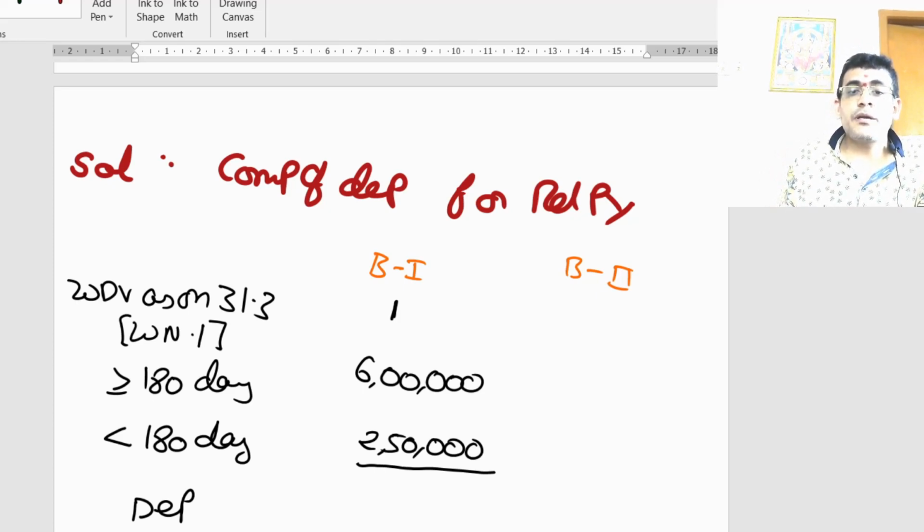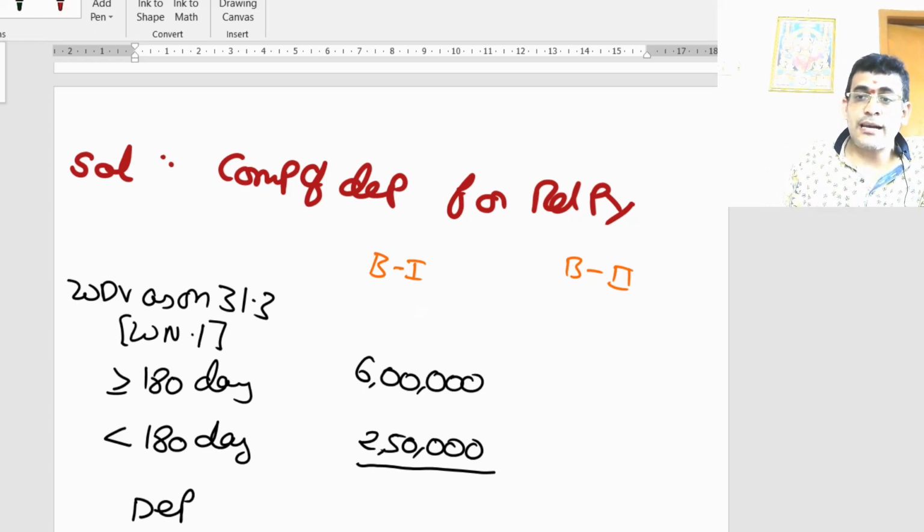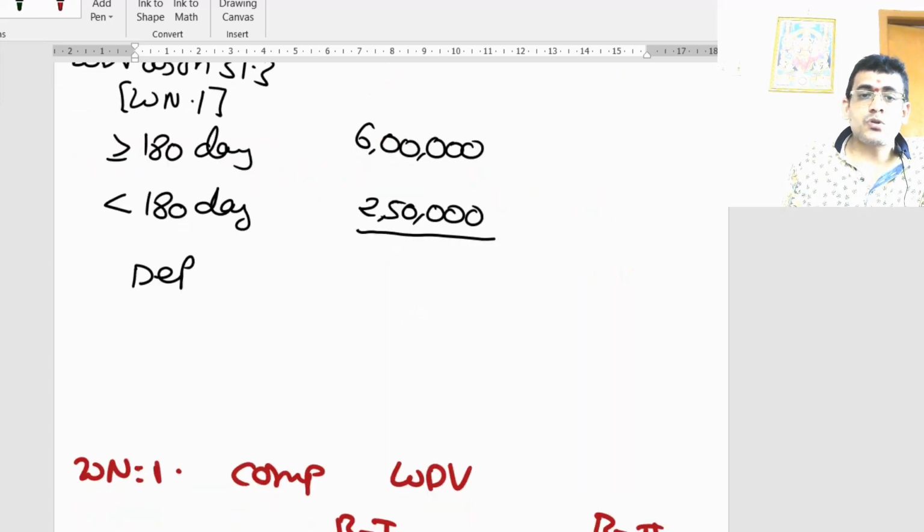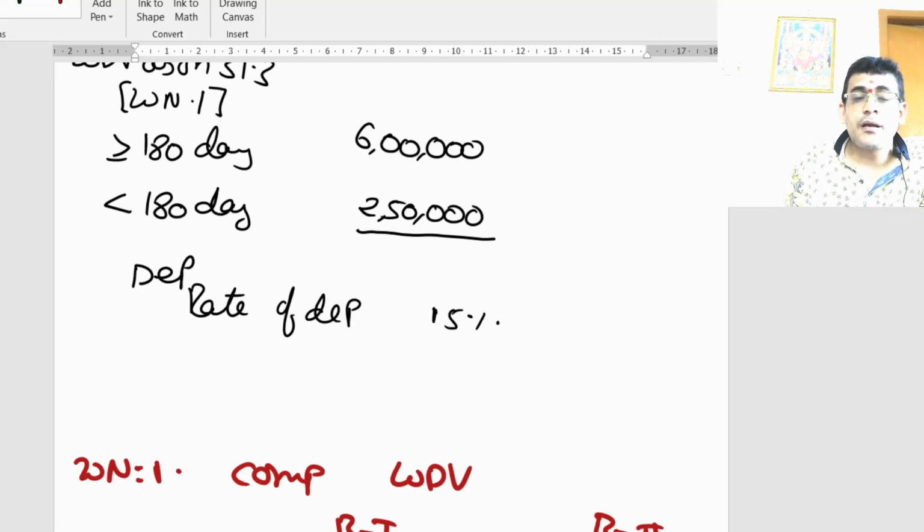The first block being a plant asset, the rate of depreciation has to be considered as what? 15%. Now let us try to calculate the depreciation. So now when I try to calculate the depreciation, first of all I have to consider the rate of normal depreciation being here in this case 15%. Now what will happen? Asset put to use for a period of greater than 180 days. 6 lakhs into 15%.